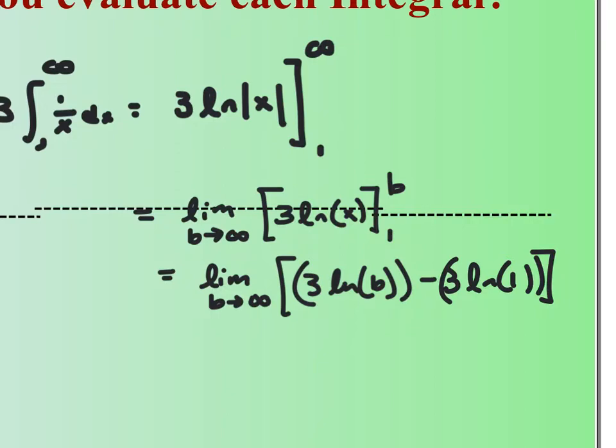Well, as b goes to infinity, what does this term turn into? Well, that would be 3 times the natural log of infinity. And this term right here, well, natural log of 1 is 0, so 3 times 0 is 0.